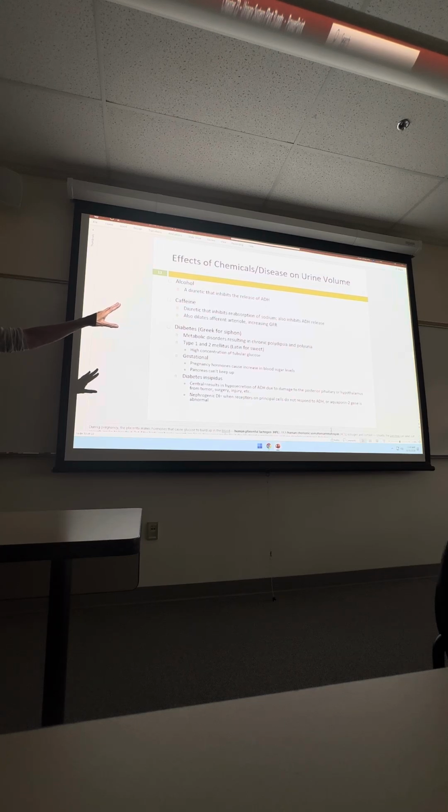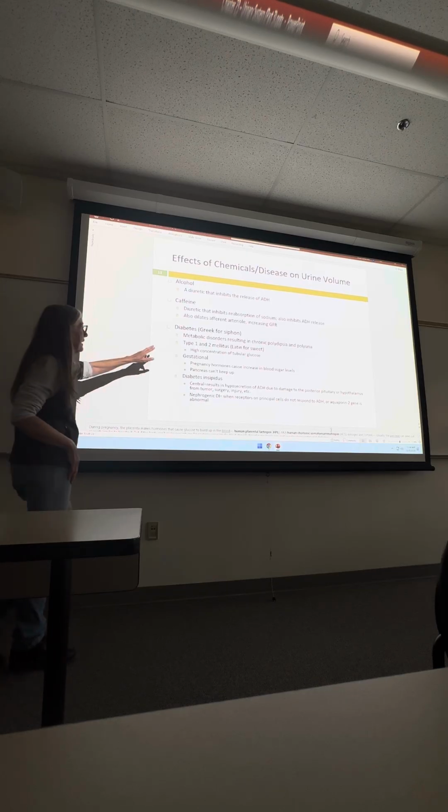No. And did I say it doesn't have anything to do with ADH? What is diabetes insipidus? Oh, doesn't it have nothing to do with the insulin? It has nothing to do with insulin, that's right. It does have everything to do with ADH.